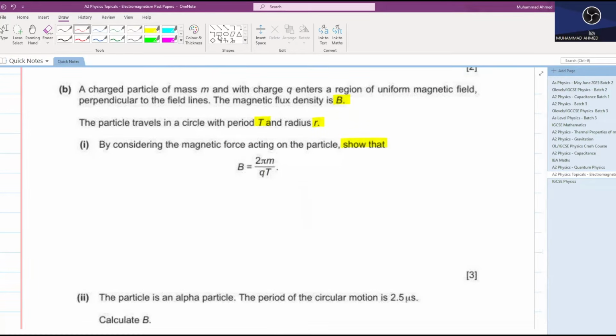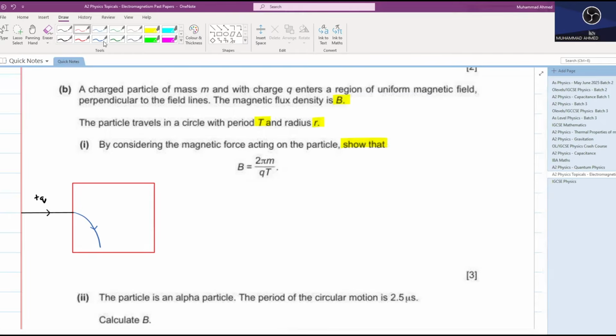So first of all, let me draw a diagram here. Let's say this is a magnetic field. Although diagrams are not necessary, I am just drawing it for you to get a better understanding. Let's say this is a charged particle entering the magnetic field like this. And due to the magnetic field, this charged particle will start to deflect in a circle like this. Let's say this is a charged particle of positive q.